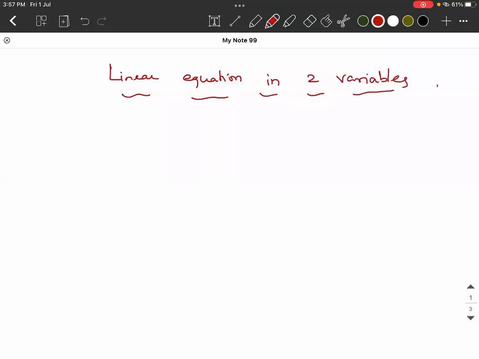For example, I have 2x plus 3. Try to understand, I'm going to use two words. One is called expression and the second is called equation. So 2x plus 3 is an expression which is called a polynomial.